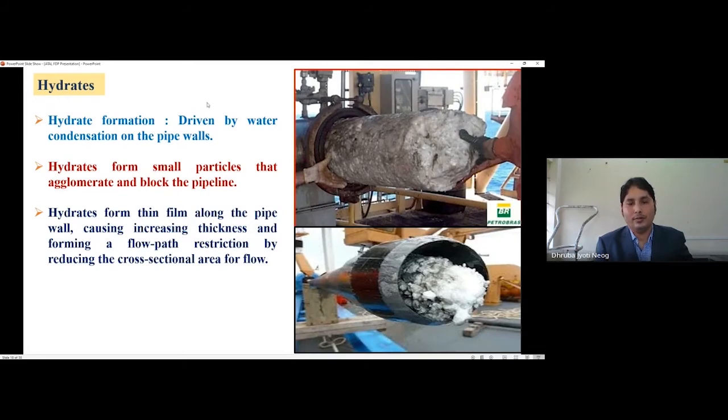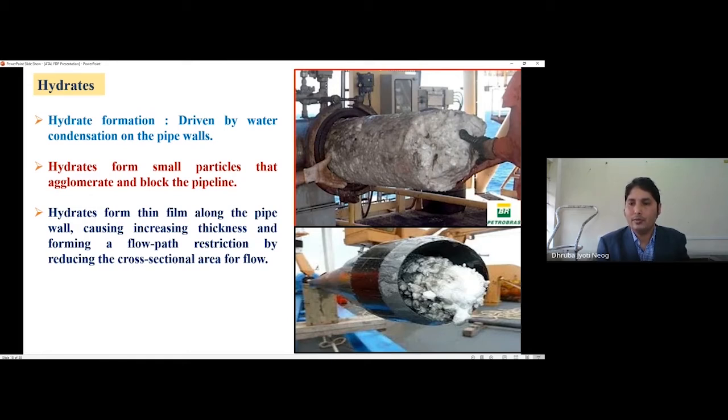Another type of solid deposition is hydrate formation. Hydrate formation is usually driven by water condensation on the pipe walls when natural gas encounters very low temperature and high pressure conditions. Whenever these hydrates agglomerate with time, they can prevent fluid flow through the flow lines.